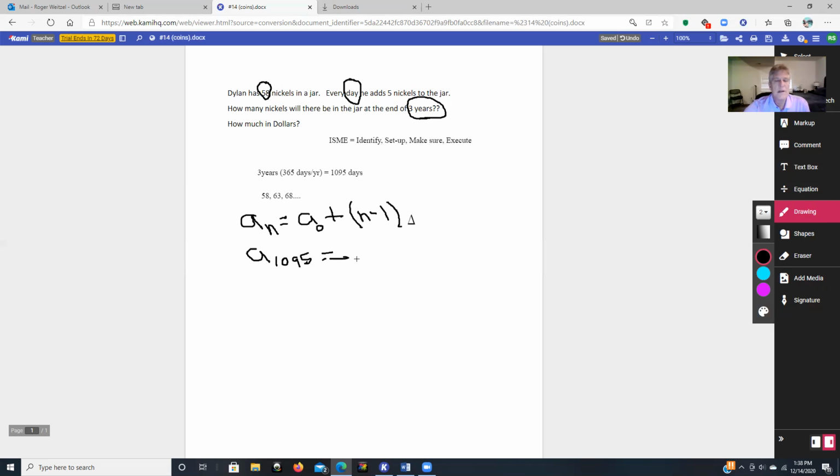So we're going to take the beginning amount, which was 58. We're going to take the number of days. So we're going to take 1095. And the delta is how much are we changing every day? So that's going to be 5.